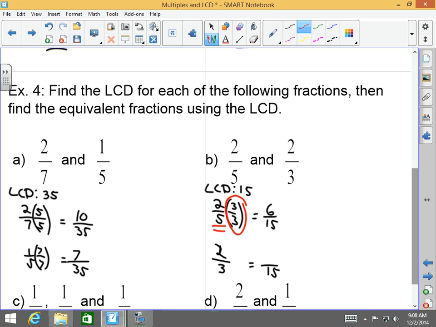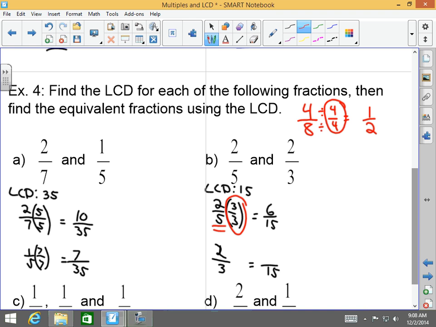Whenever you multiply or divide the same number to the numerator and denominator, you are simply changing the appearance, not the value. And I'll prove it to you. 4/8, if I divide that by 4 over 4, I get 1/2, right? Guys, isn't 4/8 the same as 1/2? I divided by the same number to numerator and denominator.